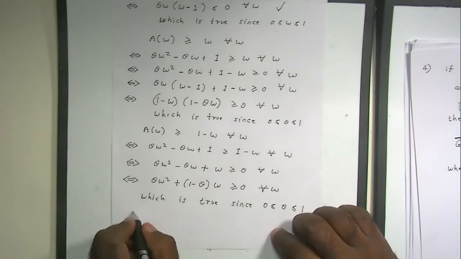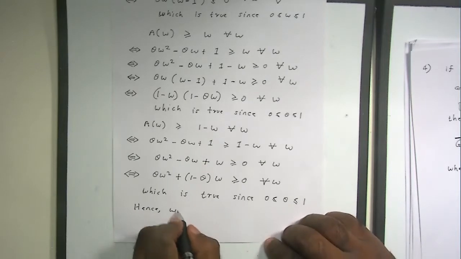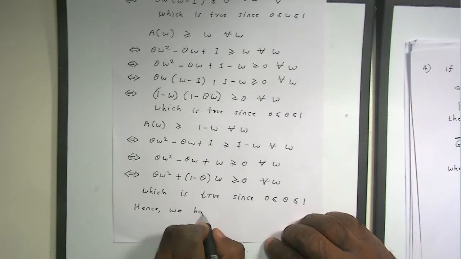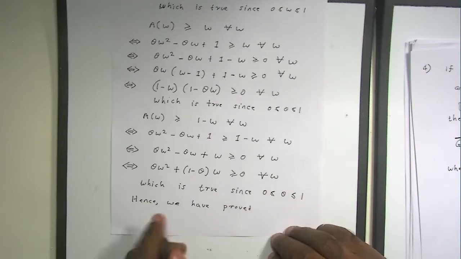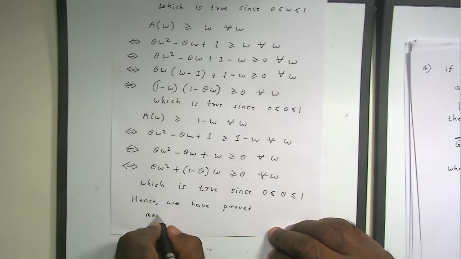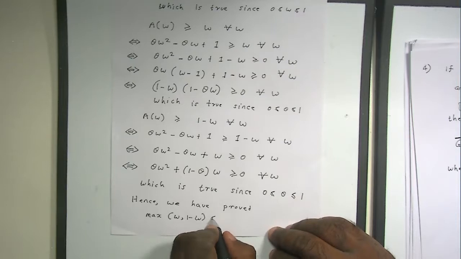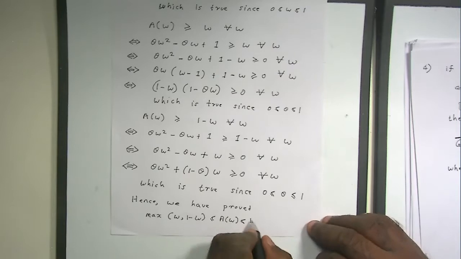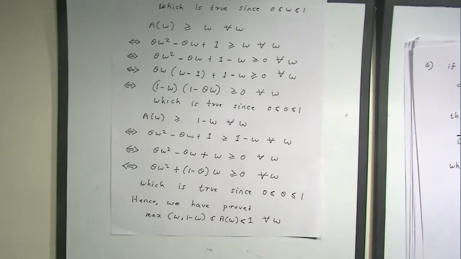So hence, we have shown, okay, so hence we have proved that A of omega is between this and this for all omega.